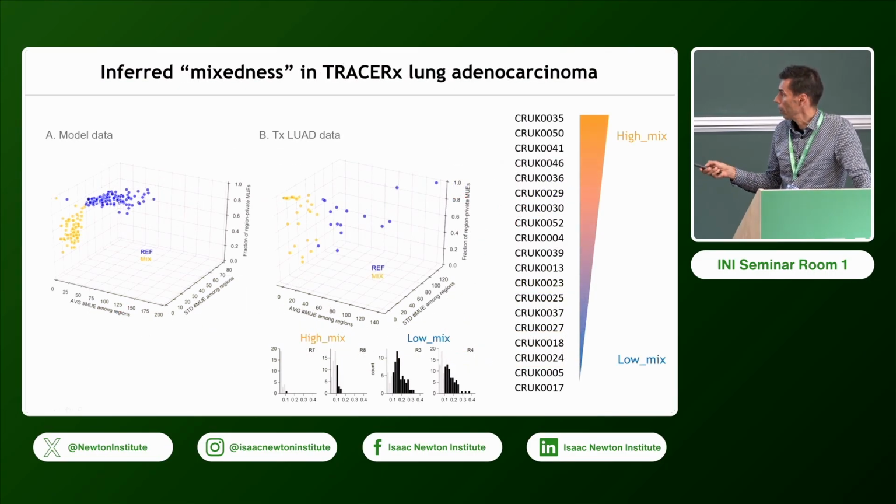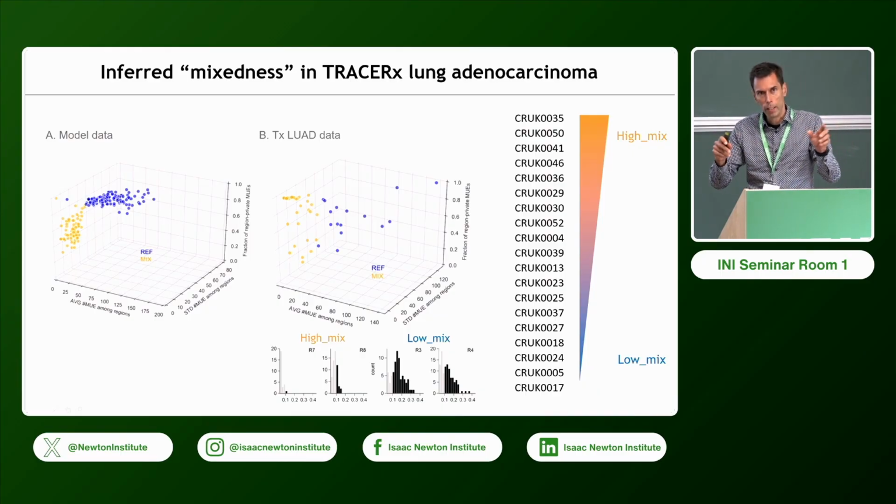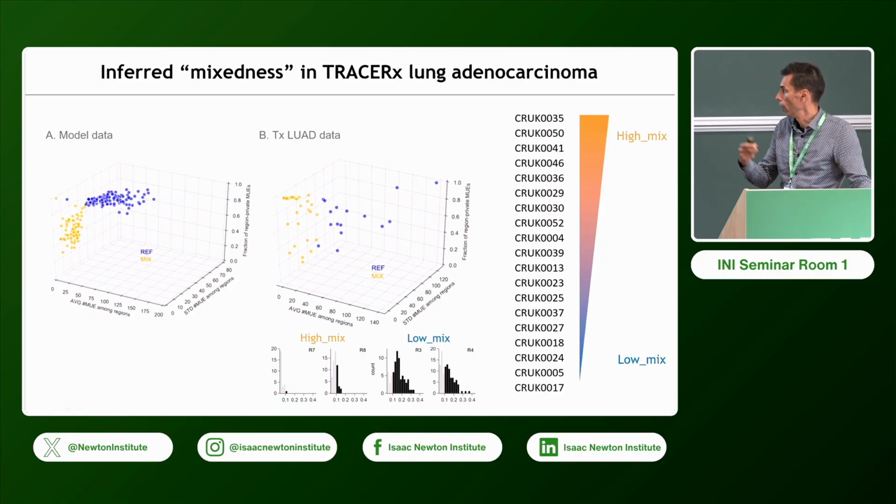Obviously the model data clusters much more closely than the patient data, but it falls into very similar areas of parameter space. And now what we're able to do with these patient data is make predictions as to whether or not they might be more migratory in terms of the tumour dynamics and their growth patterns, or whether they might exhibit this more epithelial-like, just growing around the outside type of growth pattern.